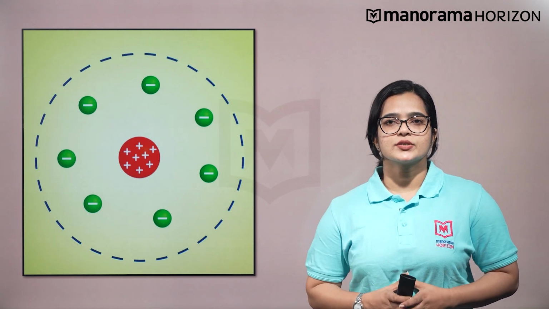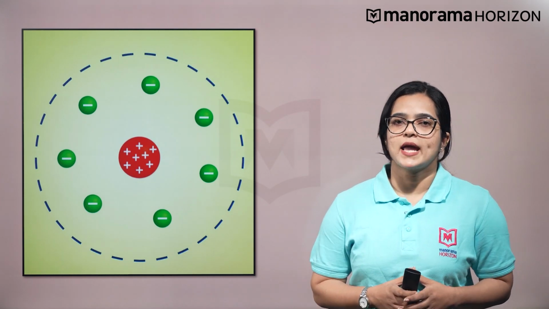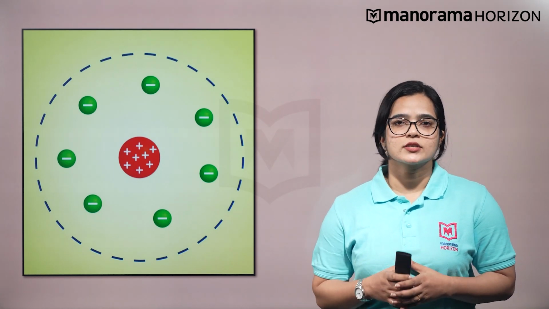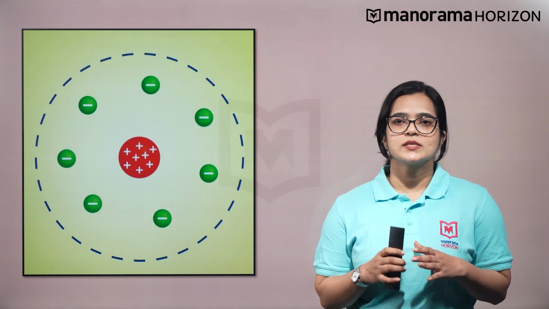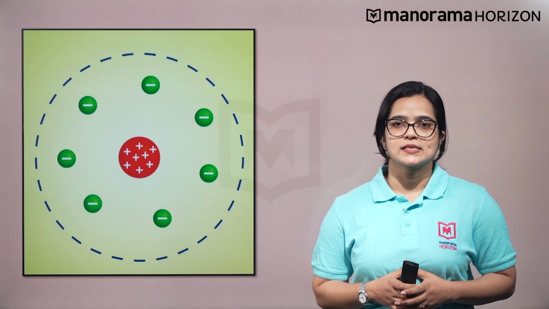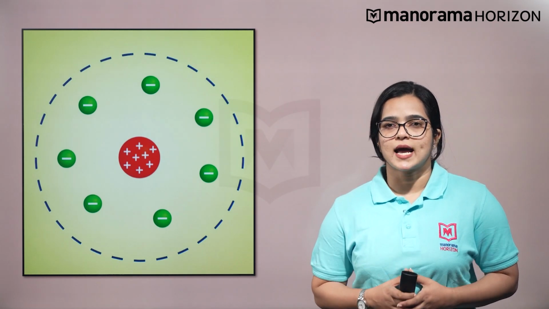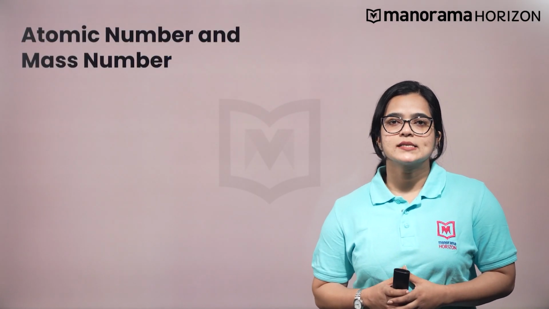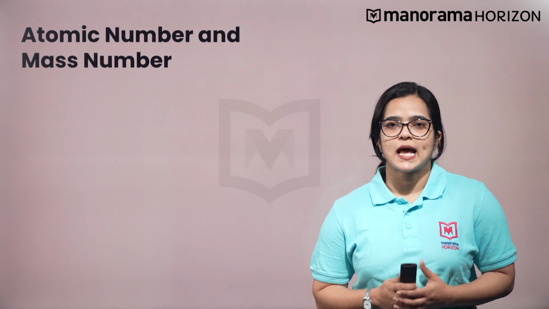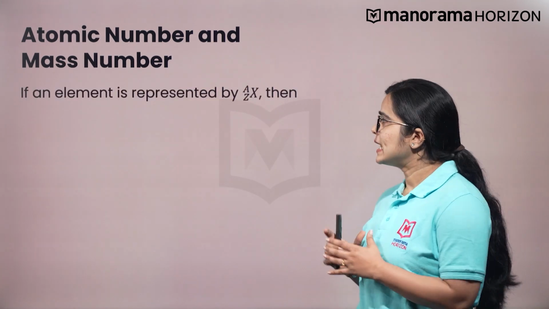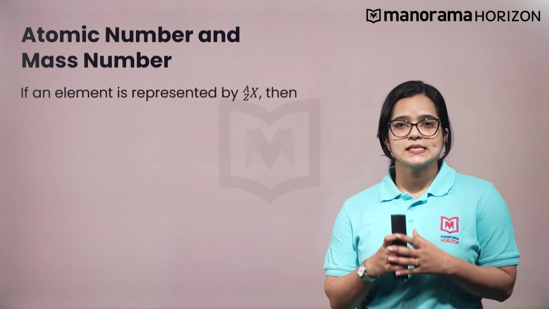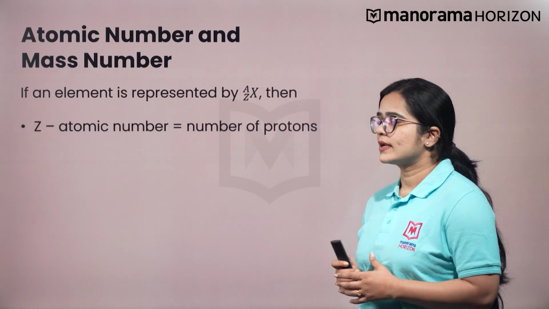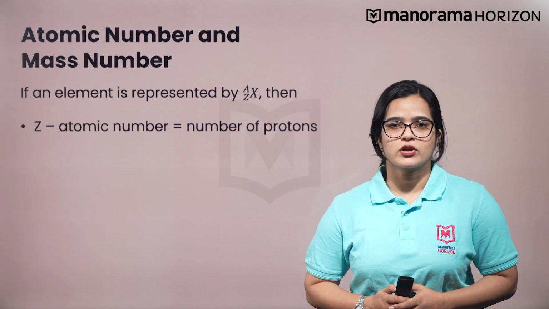The total charge due to the atomic electrons can be expressed as minus Z times e, with e being the charge of an electron. Since the atom is neutral here, the charge of the nucleus thus will be plus Z times e. The composition of a nucleus can also be described by the number of protons and neutrons in it. If an element is represented by ZXA, then the atomic number denoted by Z is simply the number of protons in it.